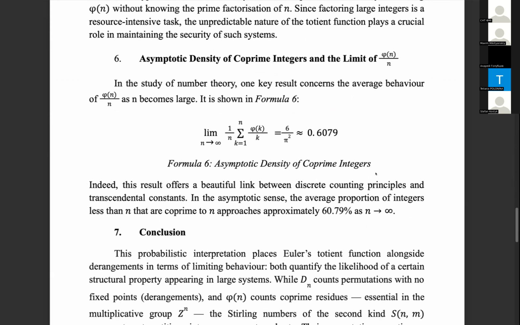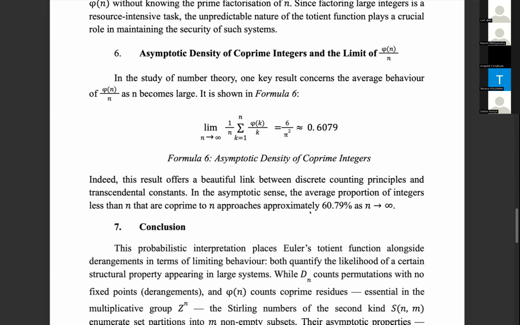Just as derangements give us a limit approaching 1 divided by e, the totient function gives us a density approaching this number. These are two different problems, two different constants, but both link combinatorics and analysis through limiting behavior.